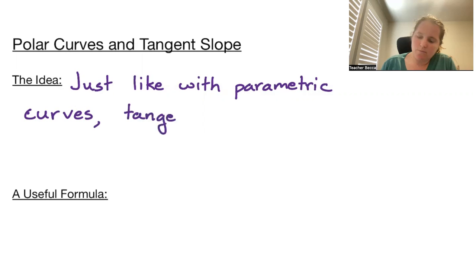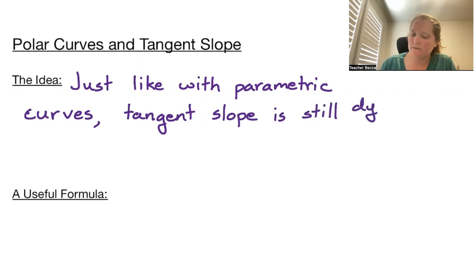Tangent slope is still dy dx. And again, just like with parametric curves, we can take advantage of the chain rule. So once again, we take advantage of the chain rule.